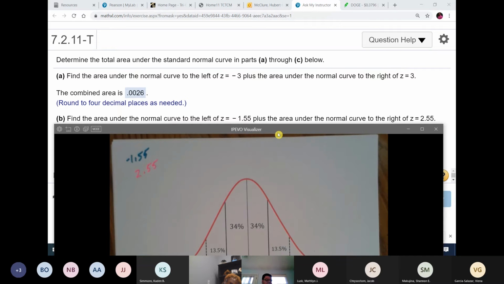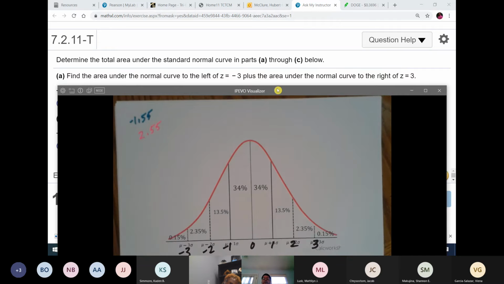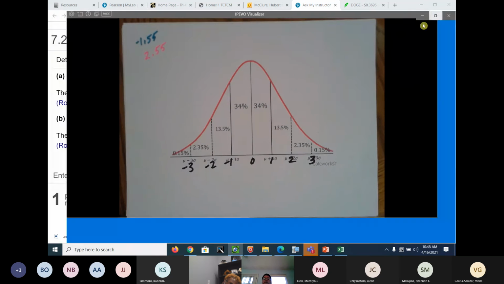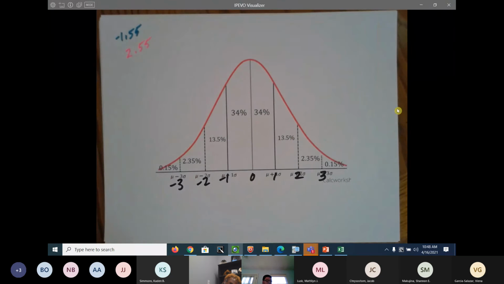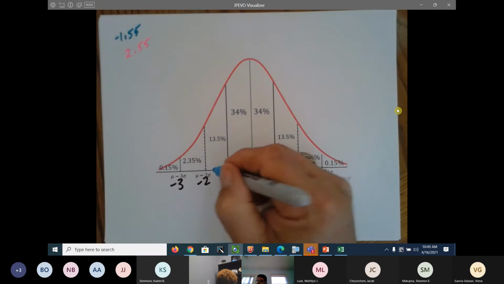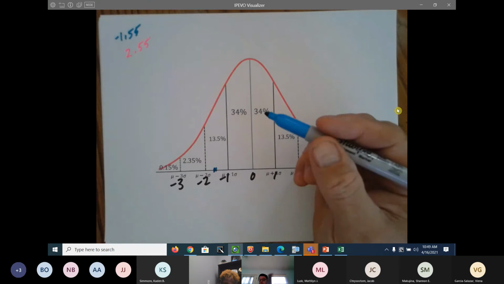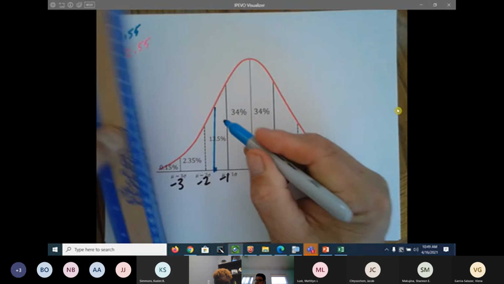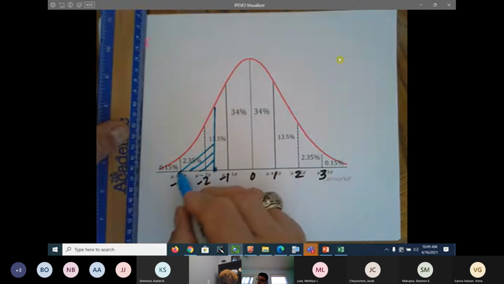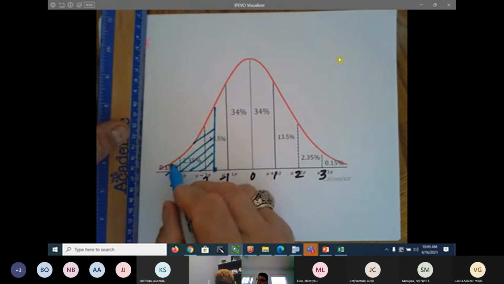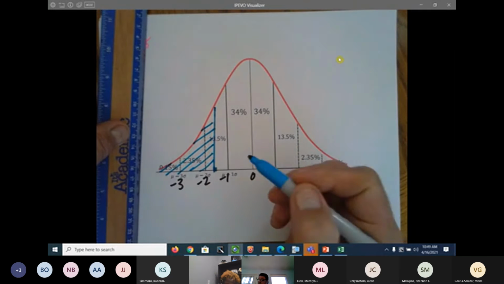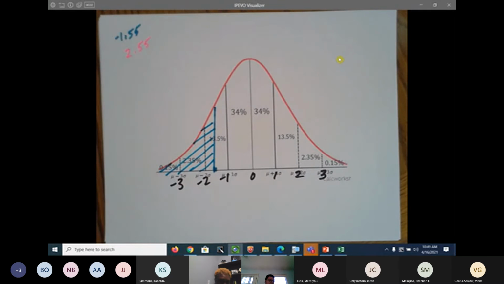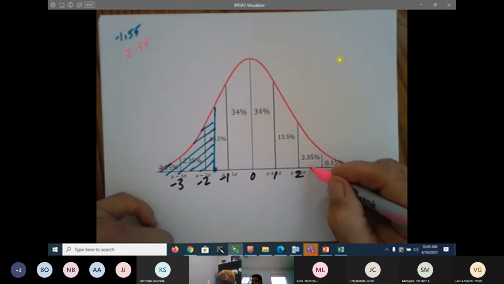Okay, so here's my drawing. Negative 1.55 is right there. And they want to go to the left of it. And 2.55 to the right of it.